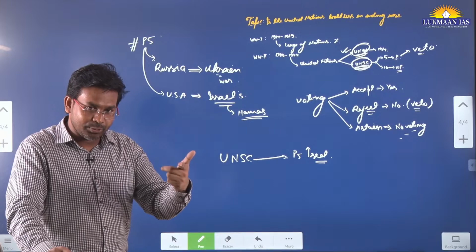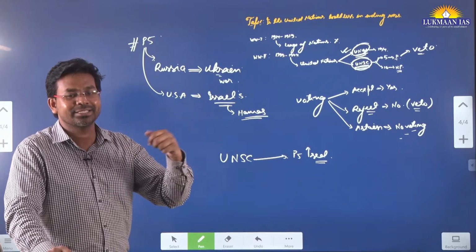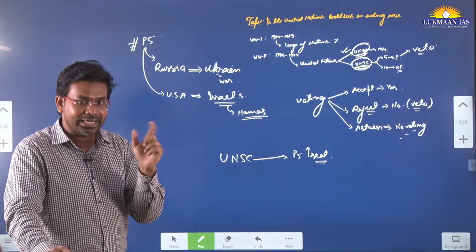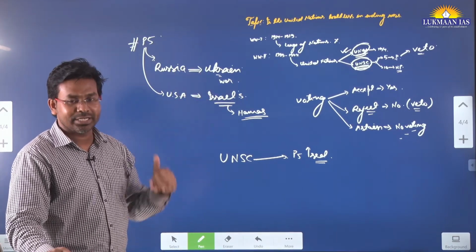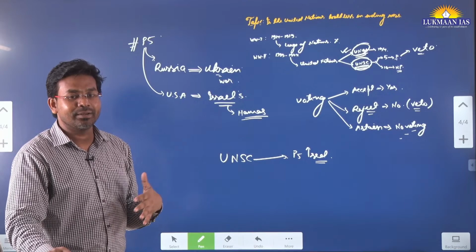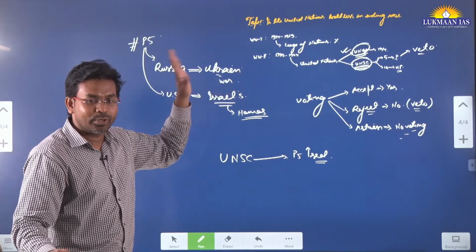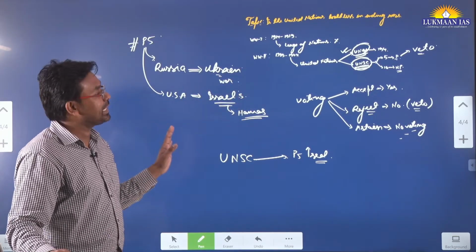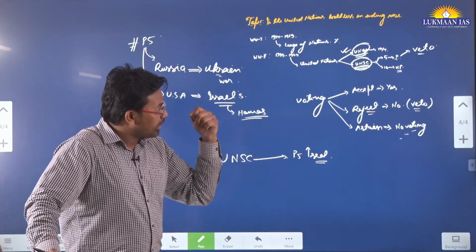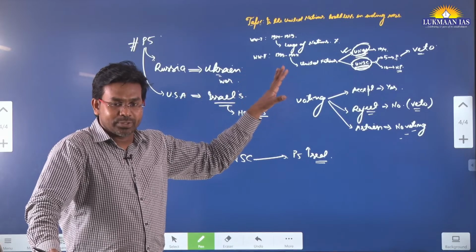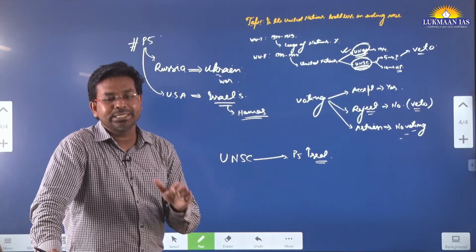Like for a constitutional amendment act, we need a two-thirds majority, ratification. Those kinds of things can be introduced in the UNGA. That will make this more representative. Wherever the majority of countries approve something, that should happen. So it will bring peace to the countries.